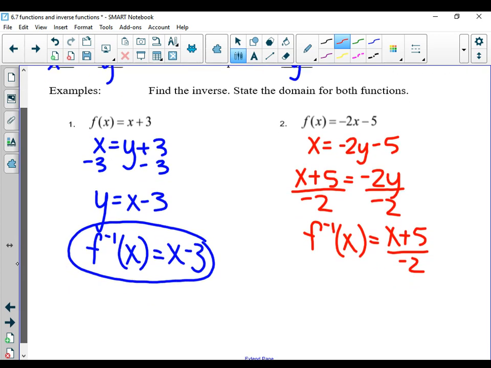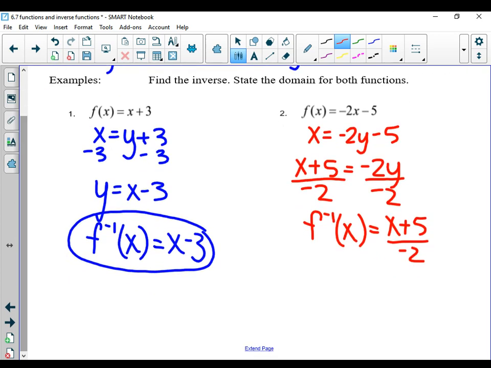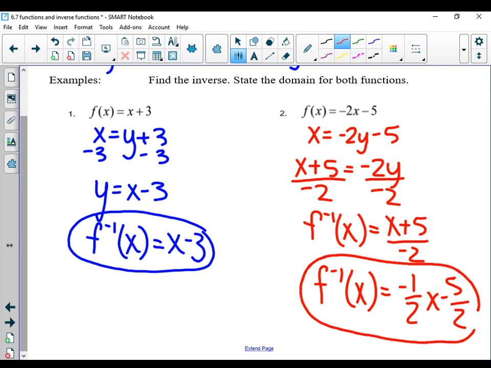But if they are asking you to graph, you would want to go ahead and divide these out. So I would prefer that it switches to this point if you have to graph. But if not, then you can leave it one step above there. So it really just depends on if you're having to graph or not.